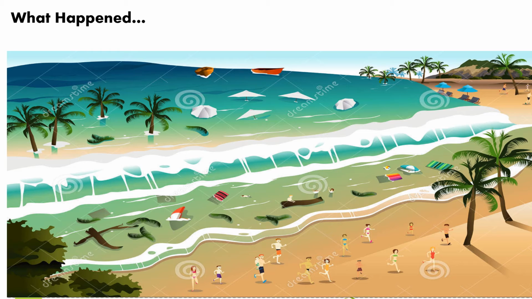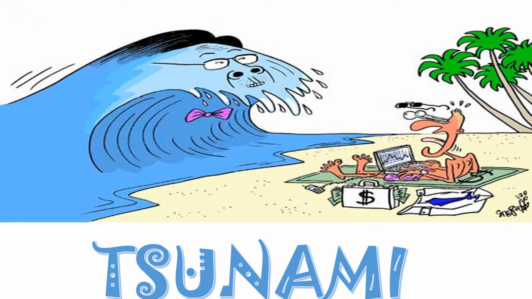You can see that there is a beach, and then people are running around just to escape the water, trying to save themselves when there is a big wave coming. This is how a tsunami looks like.